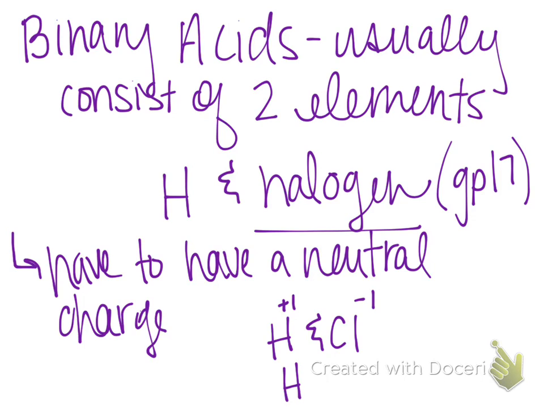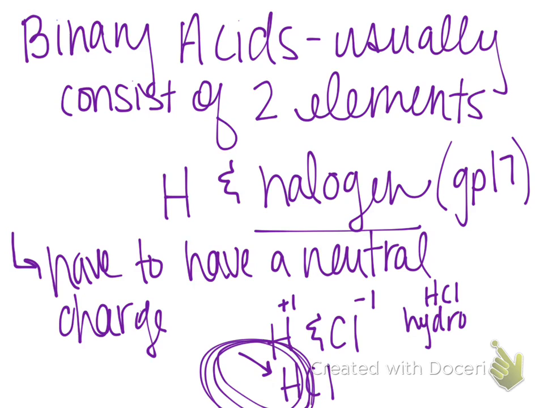Okay, so that means my acid looks like this, HCl. That's it. And with acids, the hydrogen always goes first. Always, always, always. So this example, HCl, is called hydrochloric acid. And I'll give you some rules here for how we name these. That's called hydrochloric acid.